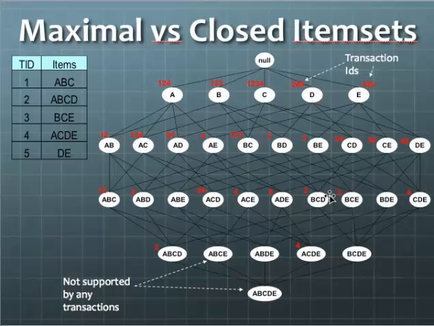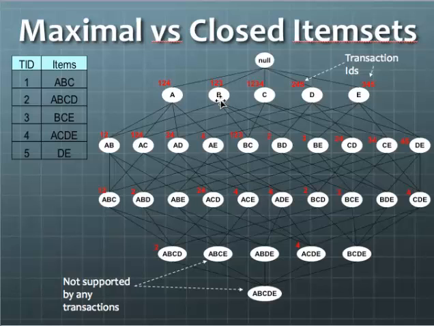For example, since the node BC is associated with transaction IDs 1, 2, and 3, its support count is equal to 3. From the transactions given in this diagram, notice that every transaction that contains B also contains C. Consequently, the support for B is identical to that of B and C, and B should not be considered a closed item set.